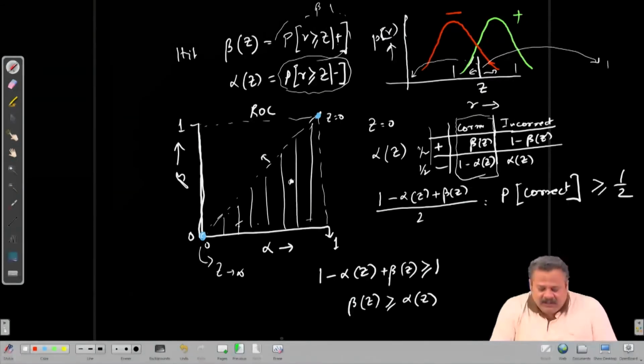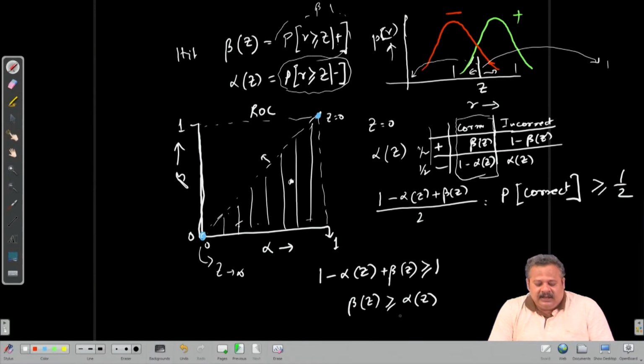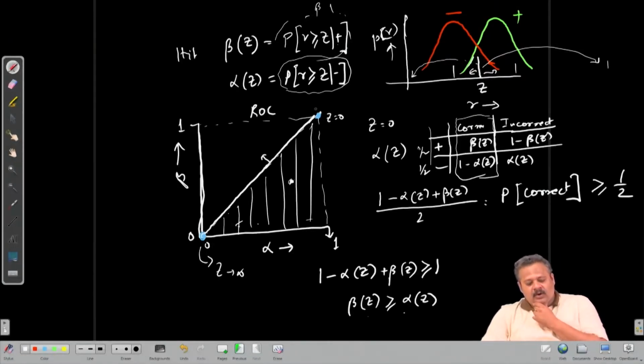Now, if we think that the monkey is always performing at chance level for any z, then what we have is that beta z must be equal to alpha z. So, this is going to be the ROC curve for the case when, for any z, the monkey is performing just at chance level.